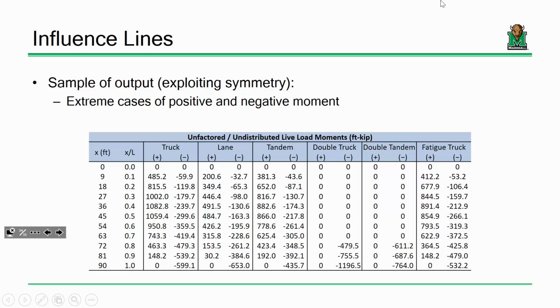The fatigue truck, I have to keep them at 30 feet. Now, the double truck and the double tandem are zeros everywhere except for right here. Why? Because those are the negative bending regions, right? The bridge is going to experience that frowny face segment right there over the pier. Make sense?